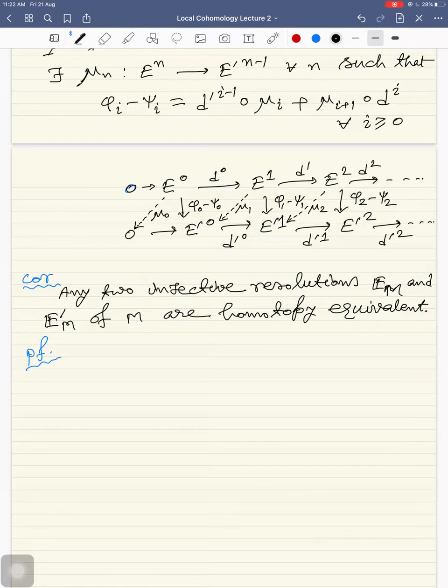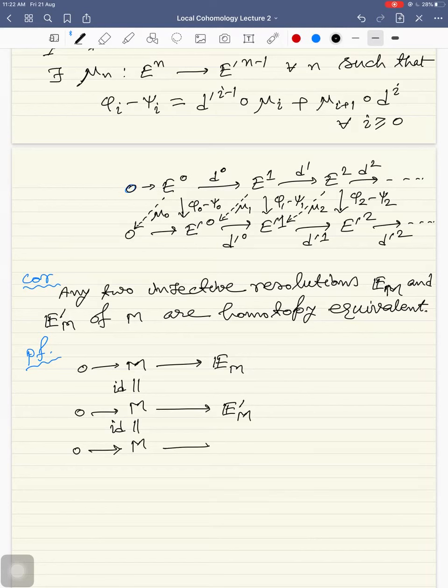So you consider this M, and from M to M you have the identity map. Again you consider that module M. And here you consider your first injective resolution of M, that is EM, and this is the second injective resolution, that is E prime M, and here again the first injective resolution.